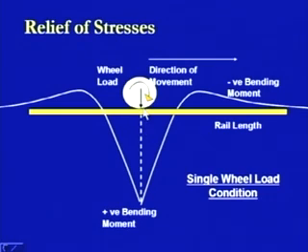Now, in this condition, the maximum positive bending moment is going to be induced, and this value shows the amount of maximum bending moment induced. Right now, we are not interested in finding this value. What we are interested in is understanding what is happening here.